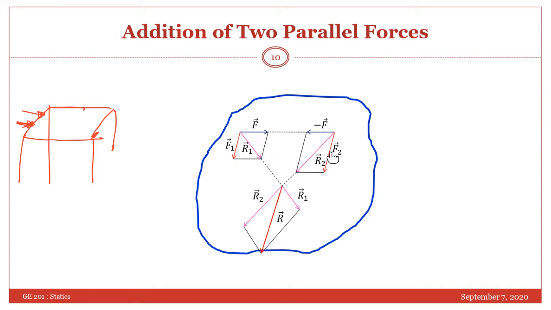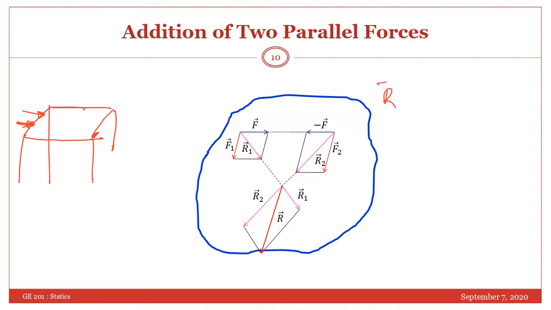Here apply this and this and get the vector R2. Now move this force over somewhere they are meeting. Now again draw a parallelogram, draw a line parallel to this, draw a line parallel to this. So this will be vector R. So this one vector R will be equal to vector R1 plus R2.